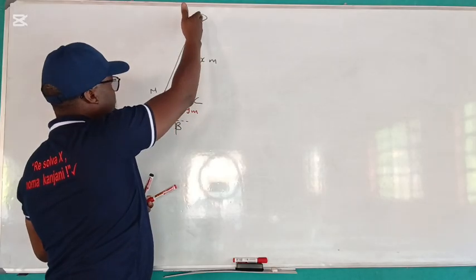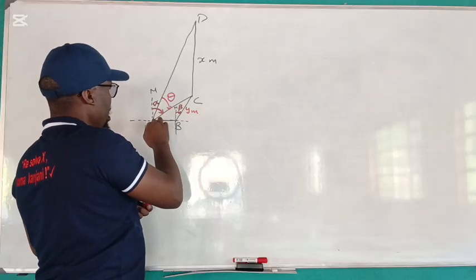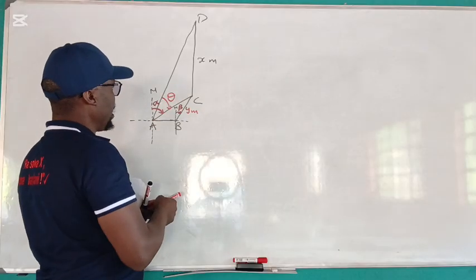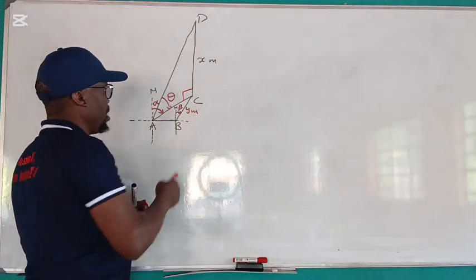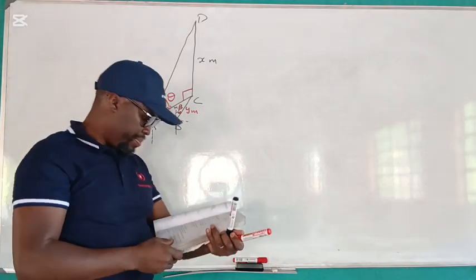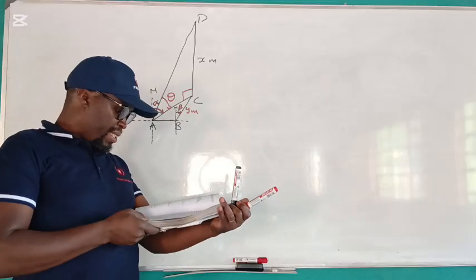Given the fact that DC is the height of the observation tower and ABC should be horizontally aligned, it means that that angle over there should be 90 degrees. Okay, let's move on to the second instruction.